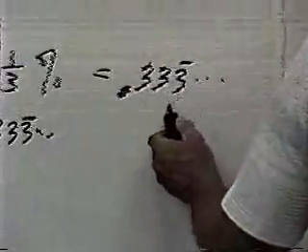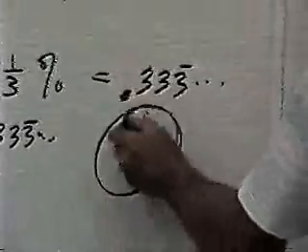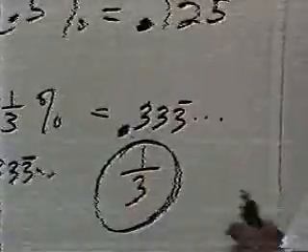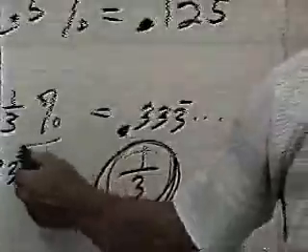What is that equal to? What's the decimal 0.33333? It's equal to 1/3, the fraction. The fraction 1/3 is 0.3333. So 1/3 of a whole is 33 1/3 percent.